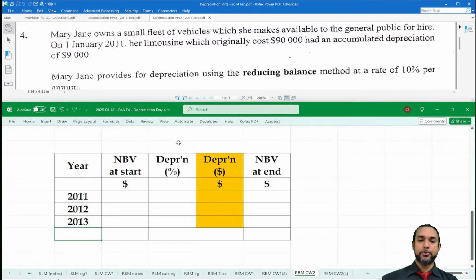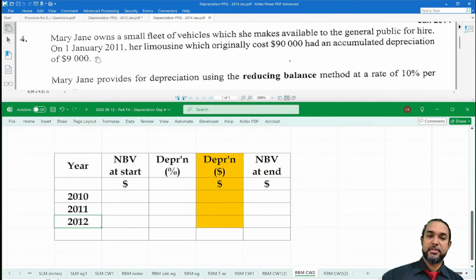Okay, so check this. What it's telling us is at the start of 2011, the limousine, which originally cost 90,000, already had depreciation of 9,000.